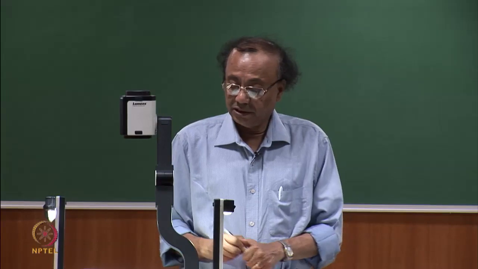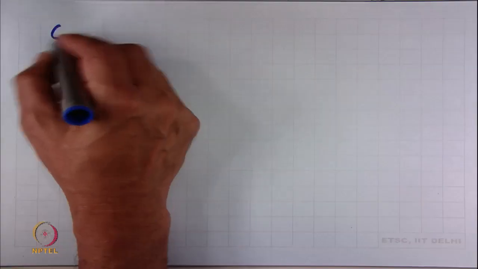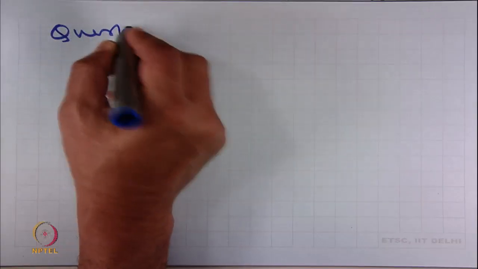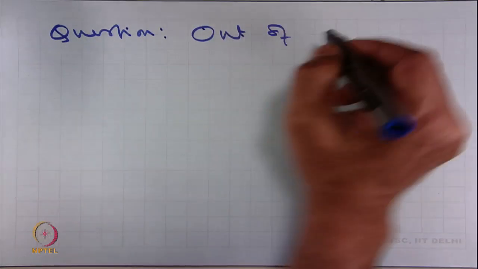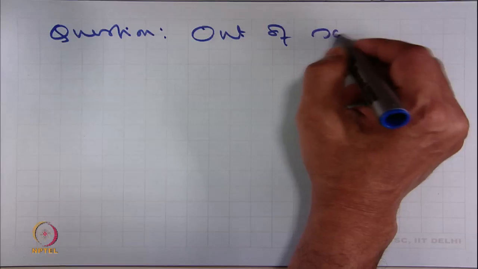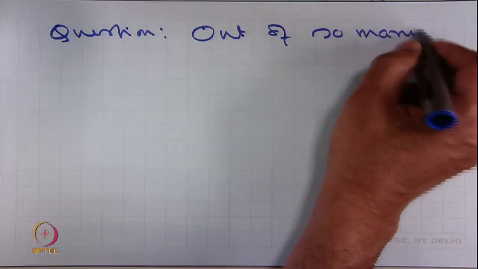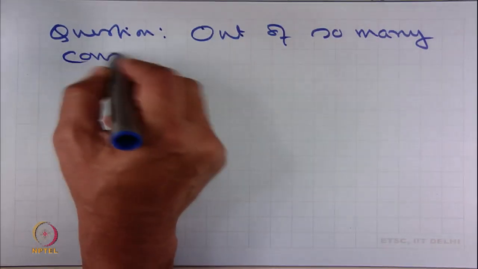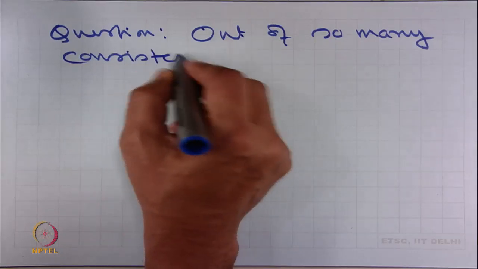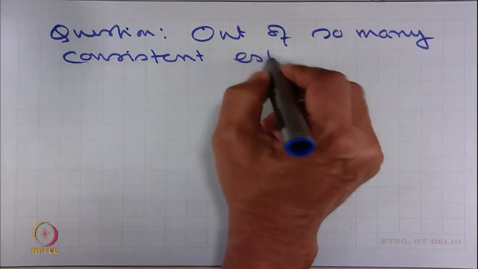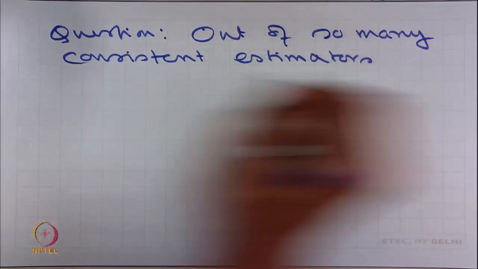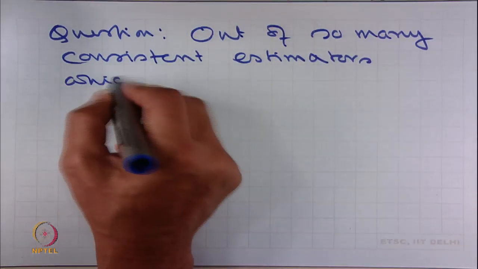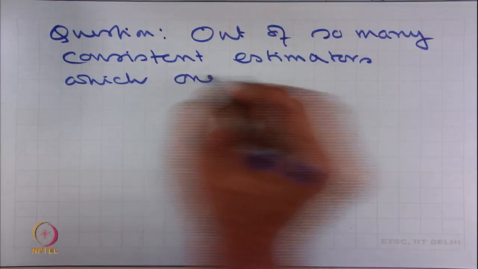Therefore, the question is, out of so many consistent estimators, which one should we choose?